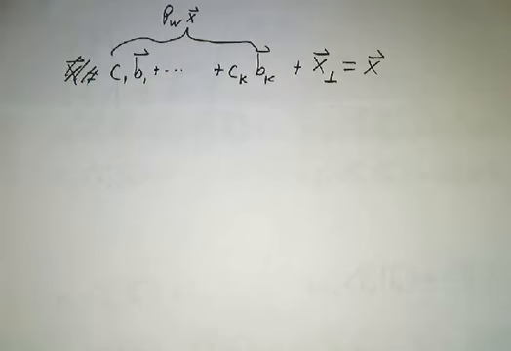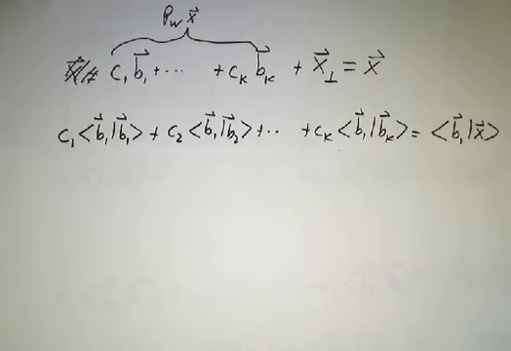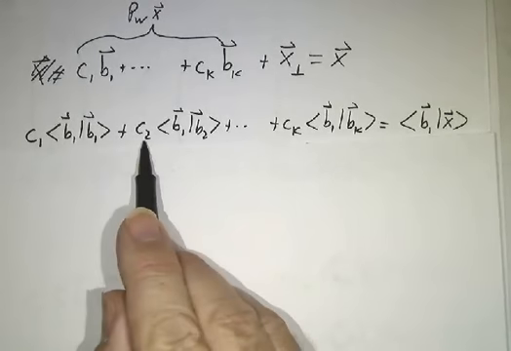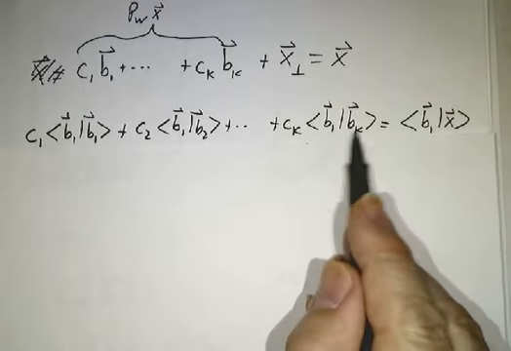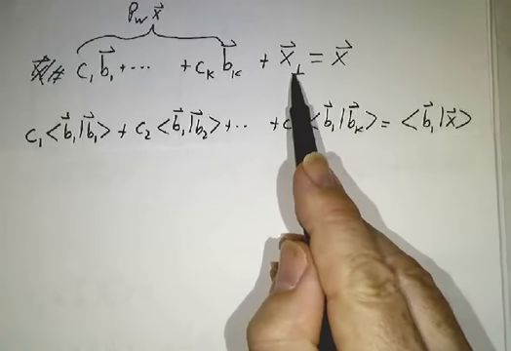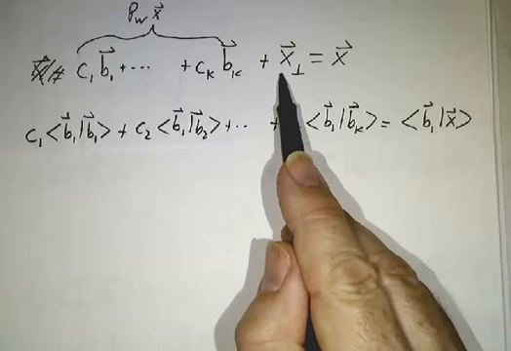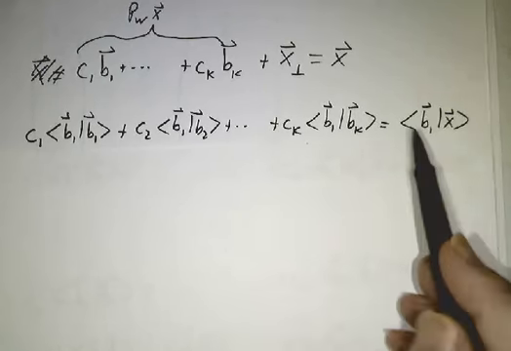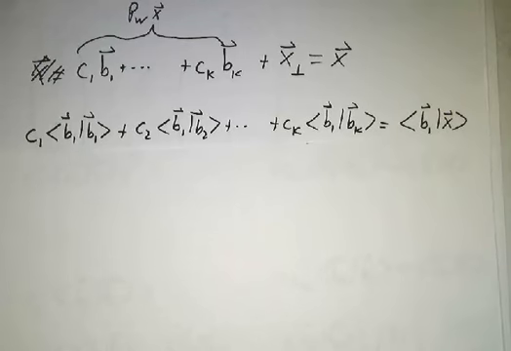We're going to take the inner product of b1 with this equation, and we get this: c1 times the inner product of b1 with itself, plus c2 times b1 with b2, plus ck times b1 with bk, and then plus b1 inner product with x perp, but that's 0 because x perp is perpendicular to b1 and to every other vector in W, equals the inner product of b1 with x.